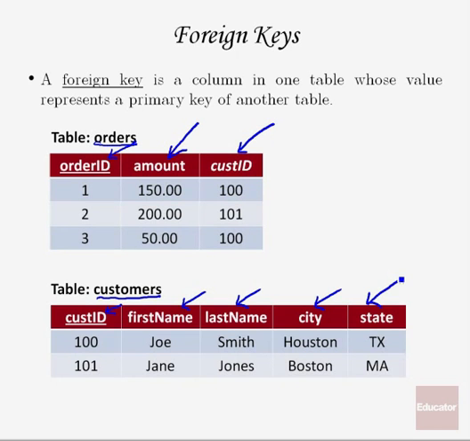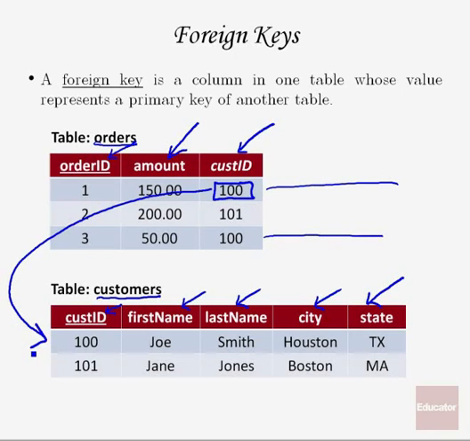So now, instead of having Joe Smith from Houston, Texas written out here and here in our orders table, we simply can use the primary key ID from the customers table, and we can insert it into this foreign key column of our orders table. Basically, that's going to link this order to Joe.